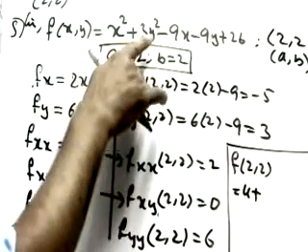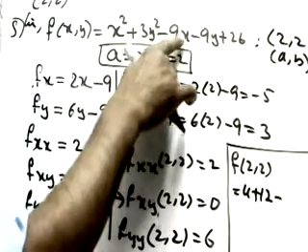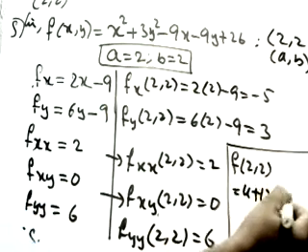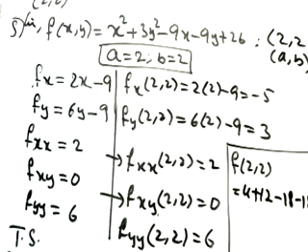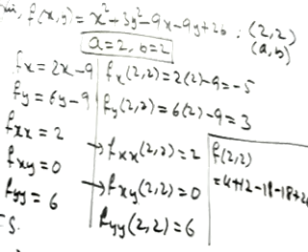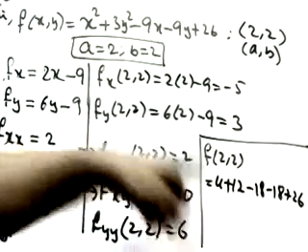So what will happen if you put 2 here? 2 square is 4, 4 threes are 12, minus, if you put 2 here, 2 nines are 18, minus 18 plus 26. Once more, f of (a, b) means (2, 2).